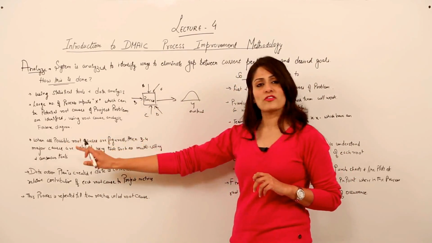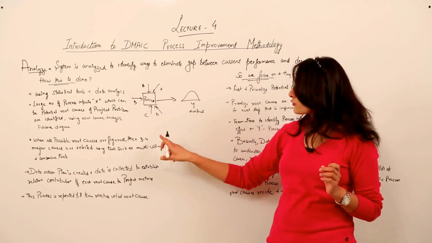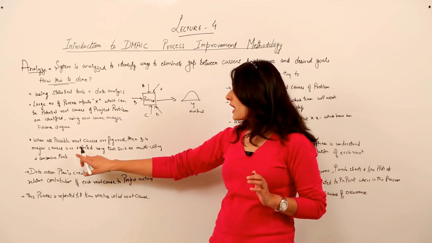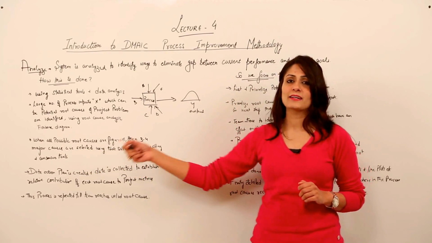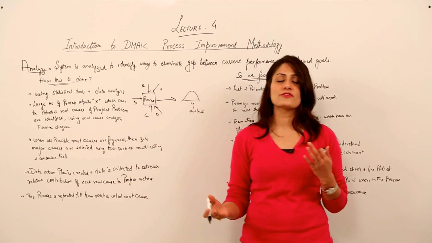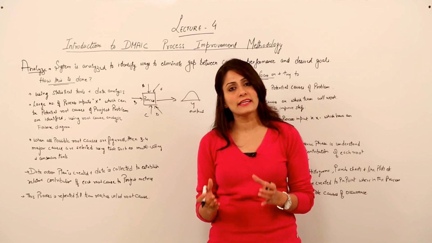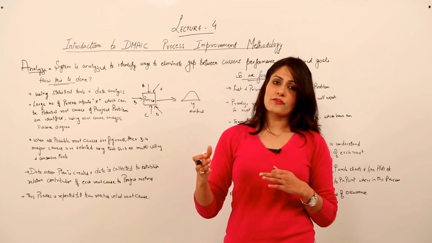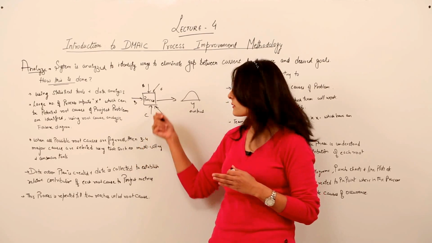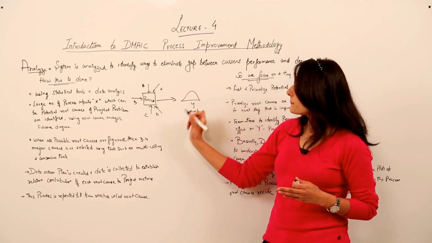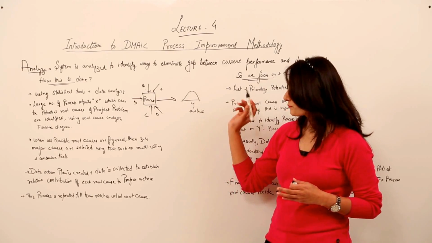When all possible root causes are figured out, 3-4 major causes are selected using tools such as multi-voting and consensus tools. Consensus tools are like the six thinking hats, and multi-voting is a technique where a large number of ideas are prioritized and a few are selected which have maximum impact on the output, since certain factors have more impact on the output.